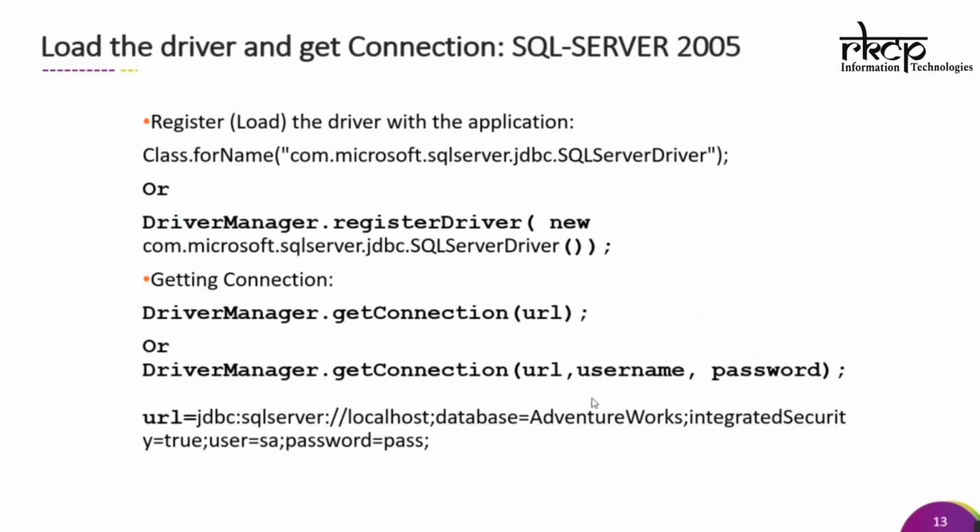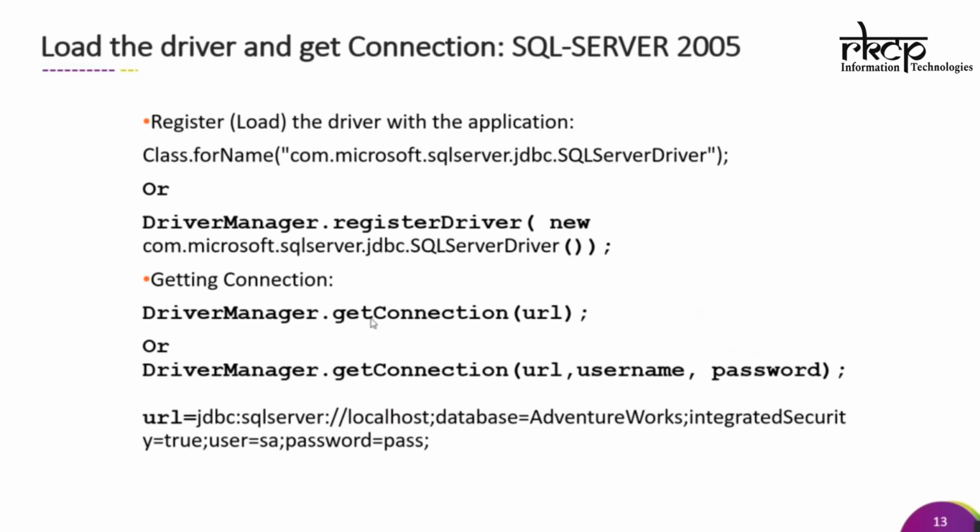I will pass the Oracle driver, com.oracle.jdbc.OracleDriver. Later I will show you that part. After loading the driver, this is one way, Class.forName, where you pass the driver directly. The second way is DriverManager.registerDriver, and in that way you can register your driver and then you will get the connection.